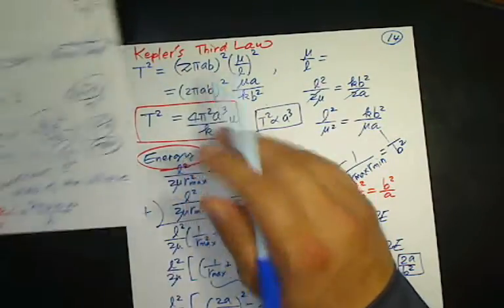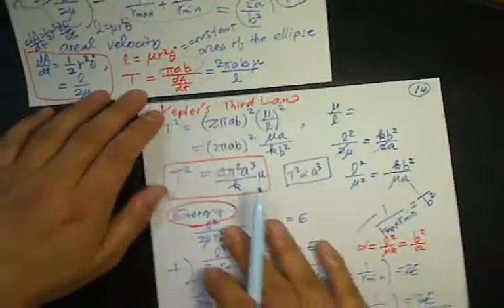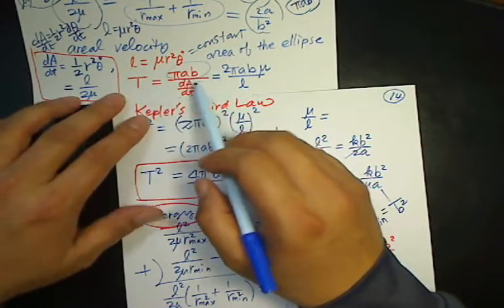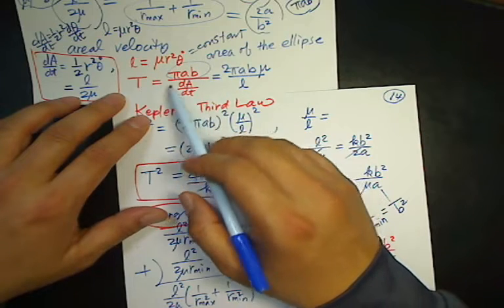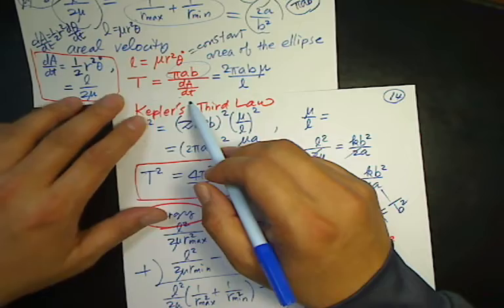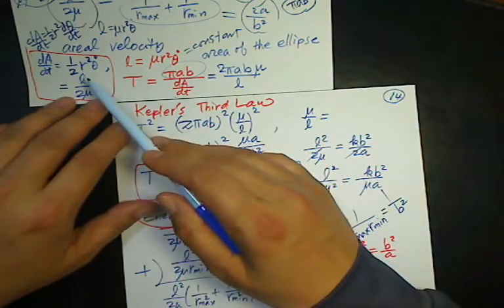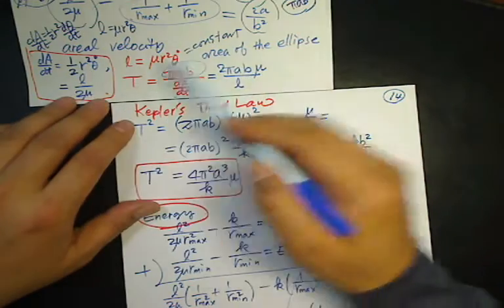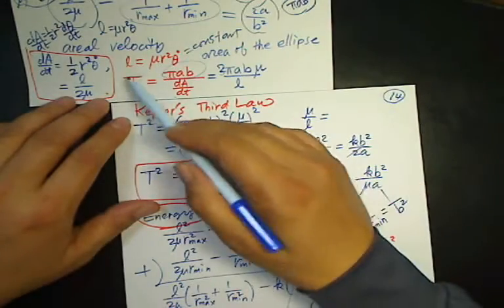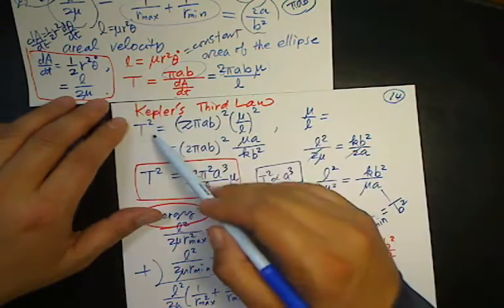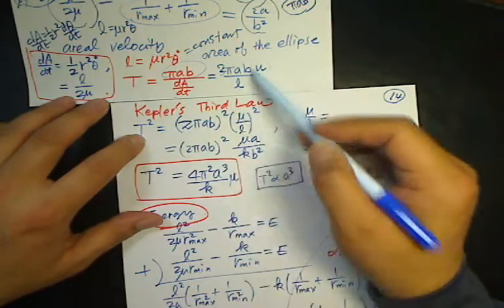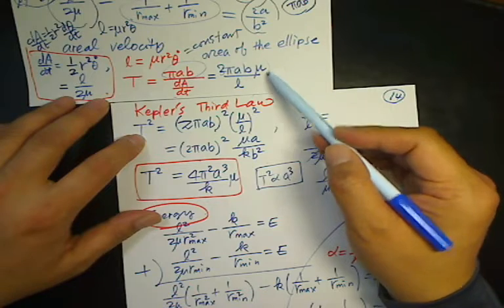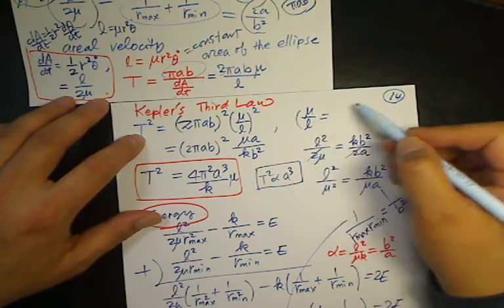Next, we have the period. The period is the area of an ellipse, pi a b, divided by the area velocity. The area velocity is written here, so L is here, pi a b is here, and 2 mu appears here. Let us square this formula: T squared is 4 pi squared a squared b squared times mu over L squared.